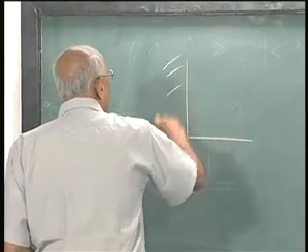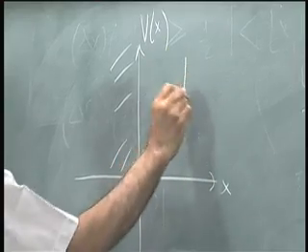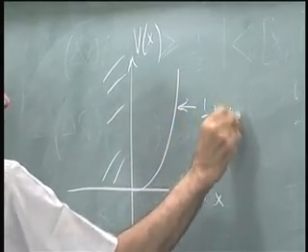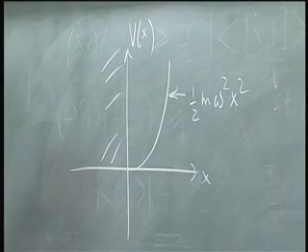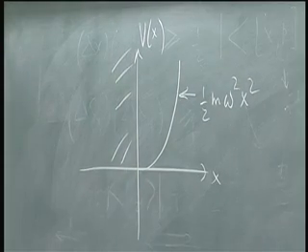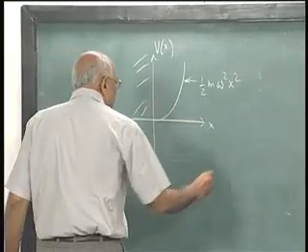So the potential is infinite here, and this is half m omega squared x squared, and it is infinite for x less than 0. And now you are asked what is the ground state energy eigenvalue and what are the eigenfunctions. Now you see the earlier problem which you solved, the oscillator problem, had the Hermite polynomials etc., and you used two boundary conditions. At minus and plus infinity the wave function went to 0. Now it is exactly the same differential equation but it applies in the region x greater than 0.